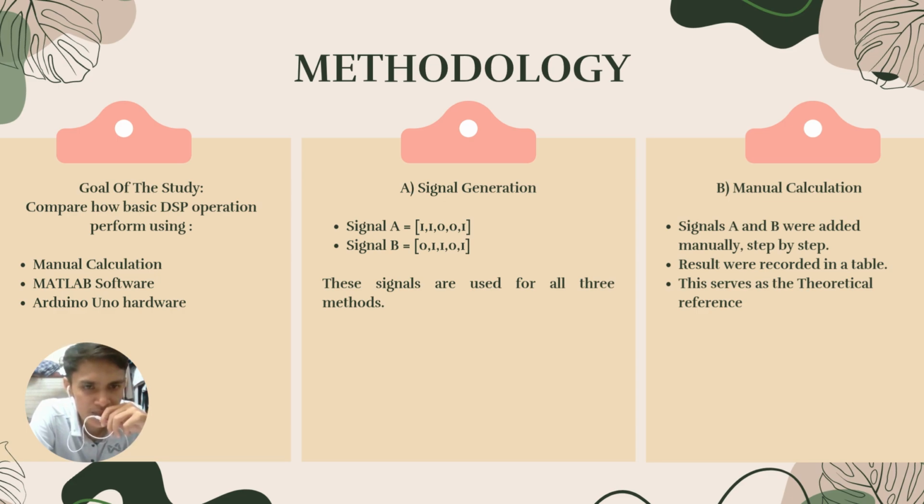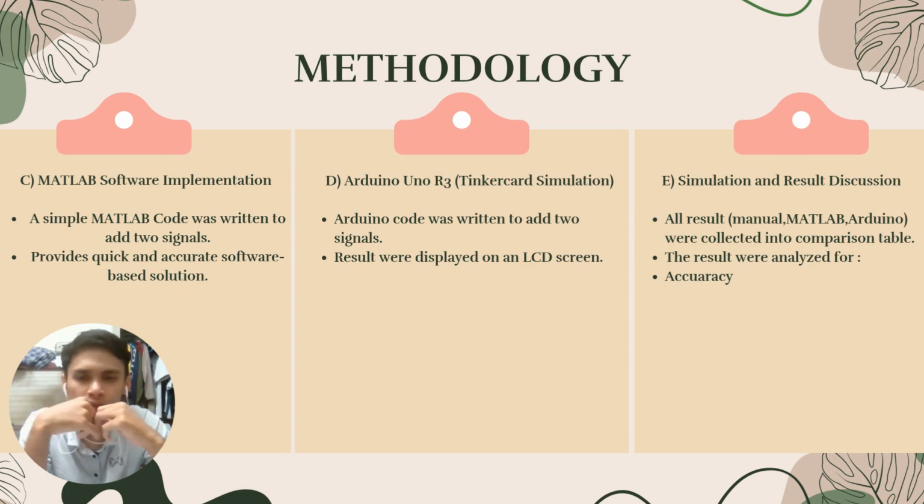B. For the manual calculation, signals A and B were added manually, step by step. Results were recorded in a table. This served as the theoretical reference. C. MATLAB software implementation.